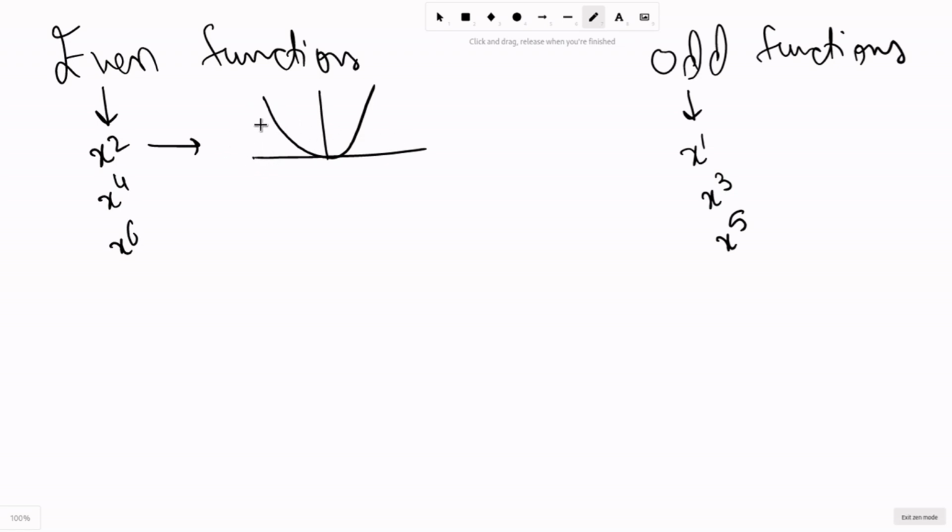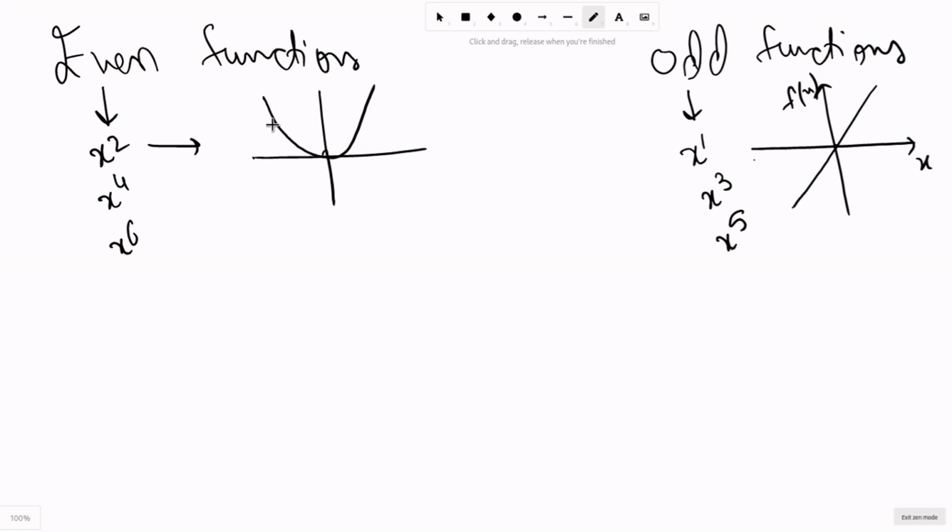And x to the power 1 will have a function like this. That means when you go lesser than 0, then your function line goes lower. Right now, this is f of x and this is x. In this case, it is the same on both sides of the y-axis.